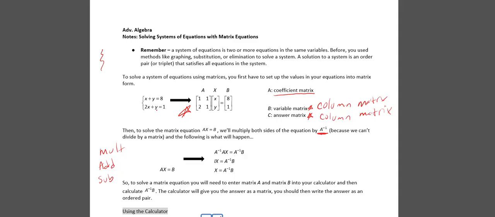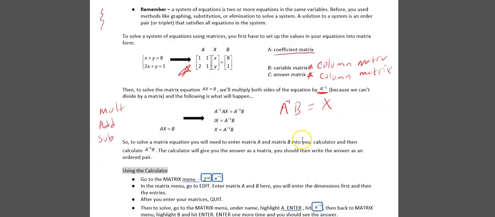What I need you to remember is that we're going to do A inverse times your column matrix B, which equals your variable matrix.